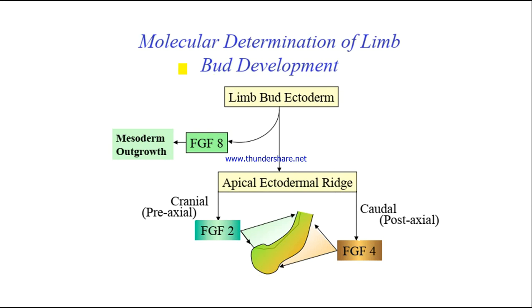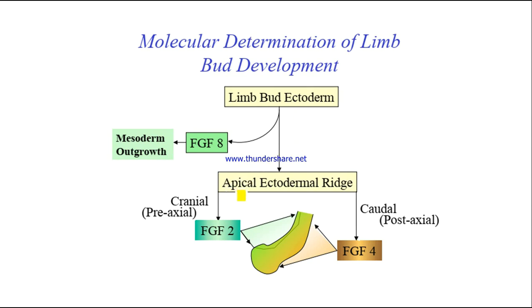So, the molecular determination of limb bud development. We should really start by looking at the limb bud ectoderm and how it relates to the mesoderm outgrowth, and how the limb bud ectoderm is involved with the apical ectodermal ridge. We have the limb bud ectoderm giving off FGF8 for the mesoderm outgrowth.